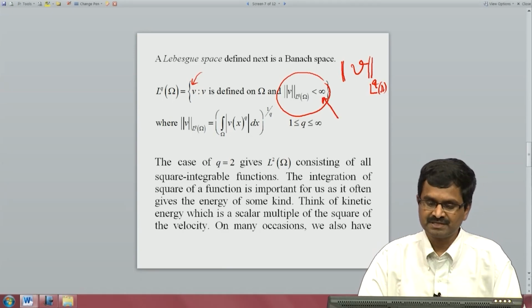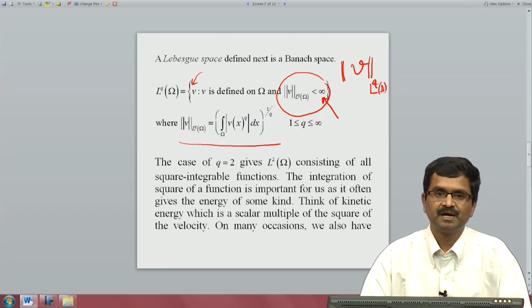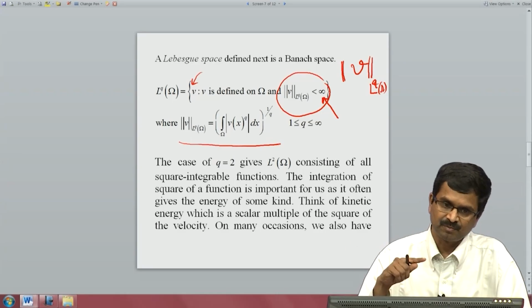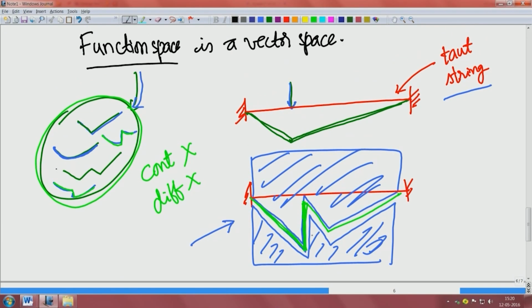All we are saying is that the Lebesgue norm should be finite. If you go back to our string problem, if you recall, we said what kinds of things will be here, right? Not any discontinuous thing, but things where this Lebesgue norm is less than infinity, meaning finite.